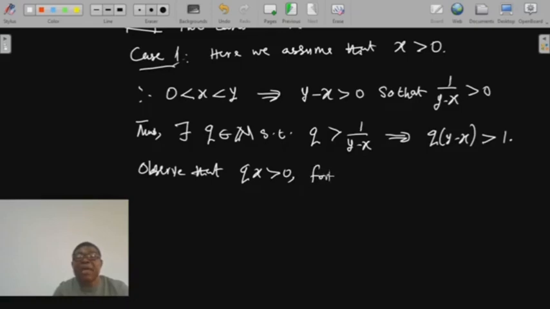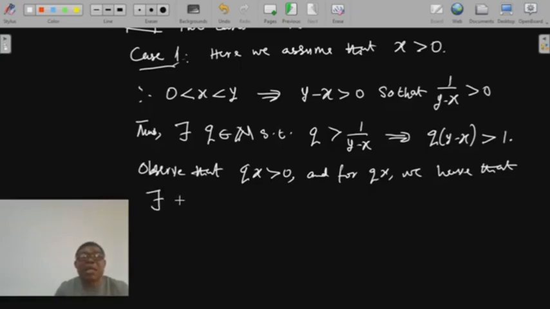So, for this qx, there exists, say, a certain m in the set of natural numbers such that m is bigger than qx. What does this mean?